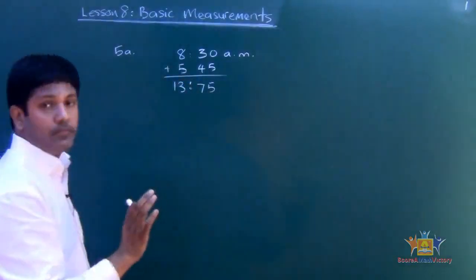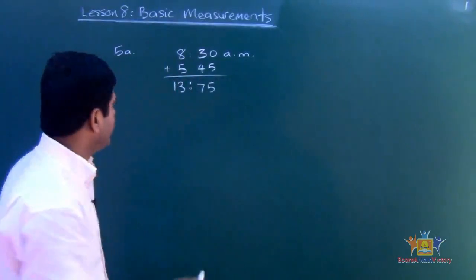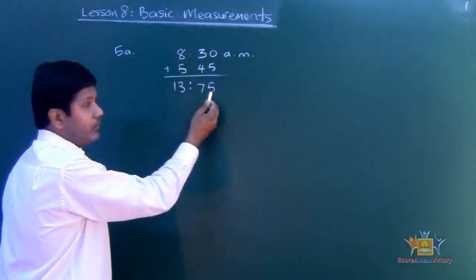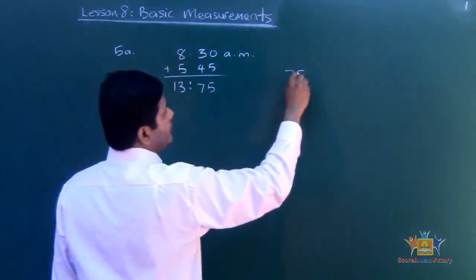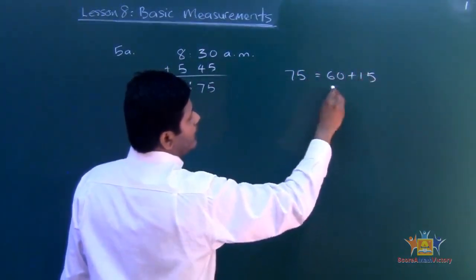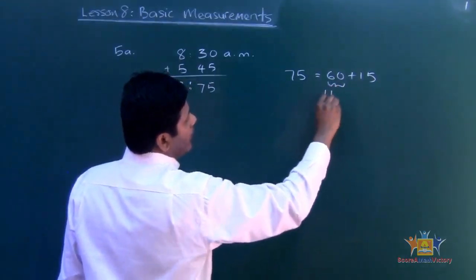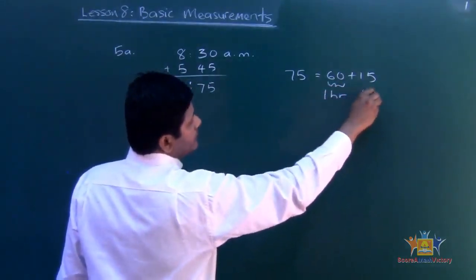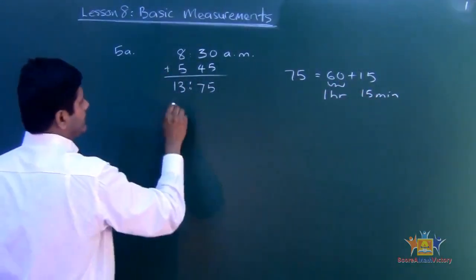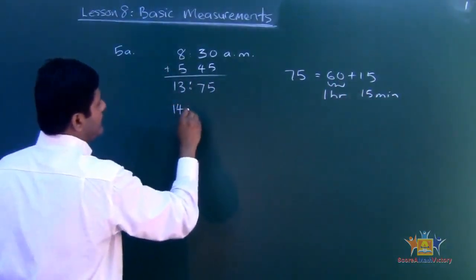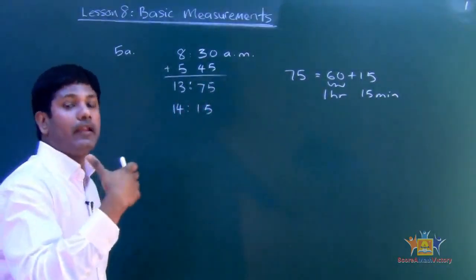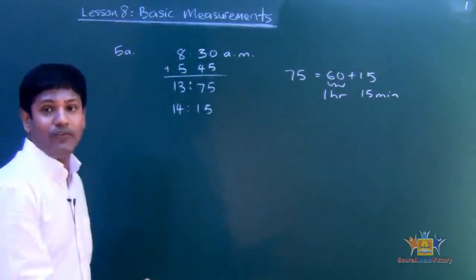Now, we're dealing with the 12-hour system. First look at this, 75, it passed the 60. So we know that 75 means 60 plus 15. That means this one is 1 hour and that's 15 minutes. That means I can take that 1 hour and add it to this one. So that makes it 14:15. But this shows the form of the 24-hour system.